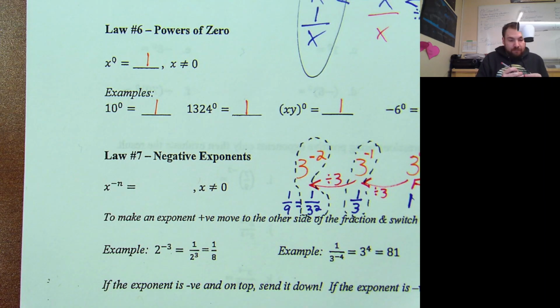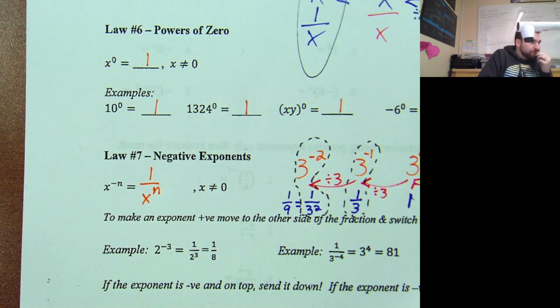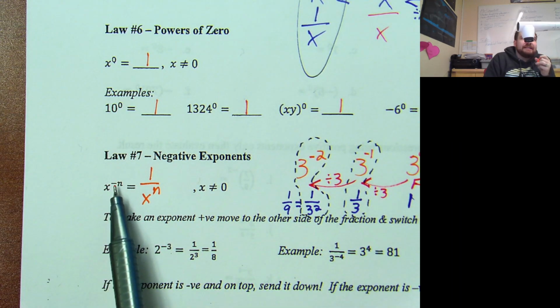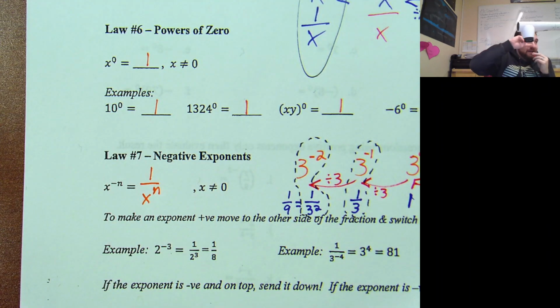Carolyn? 1 over x to the power of n. So to think about what that means, I take the reciprocal of my base, and it makes the exponent positive.